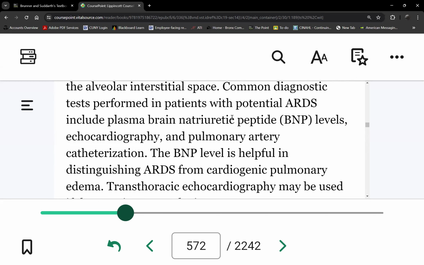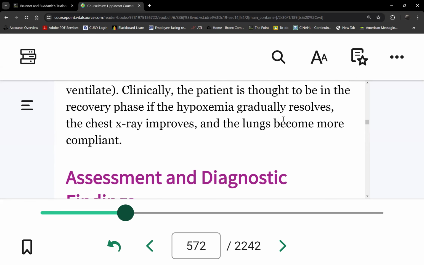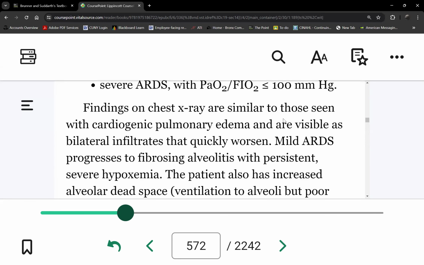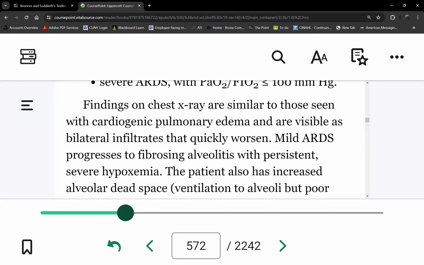All right, so we also draw BNP because remember there's pulmonary edema here. And as described here, findings on X-ray are similar to those of cardiogenic pulmonary edema, meaning the same as if this patient was in heart failure. So same type of edema.